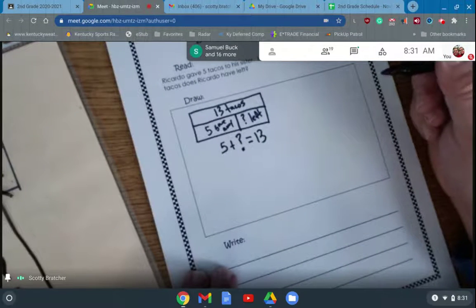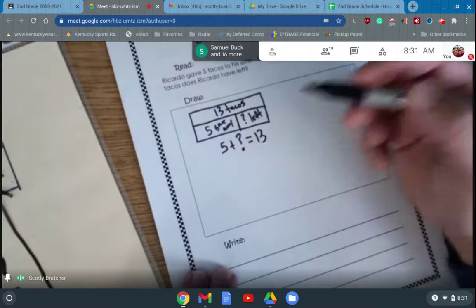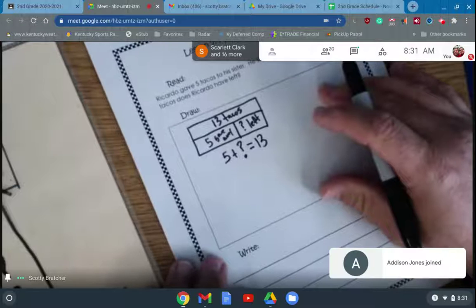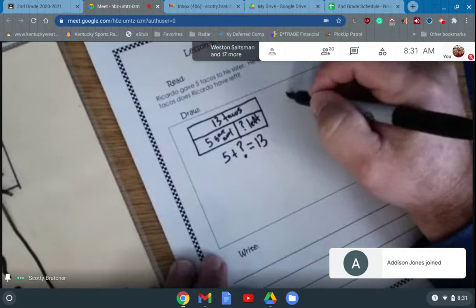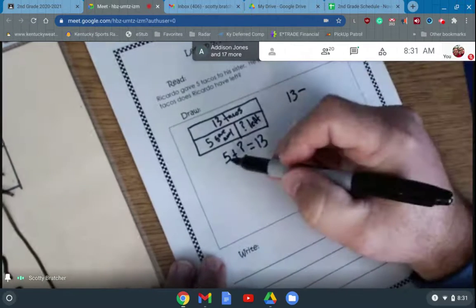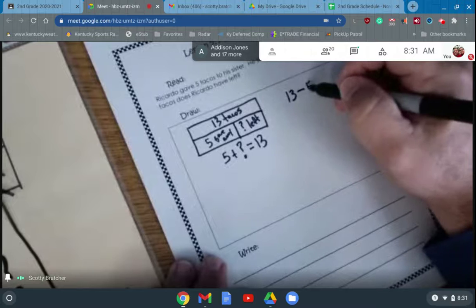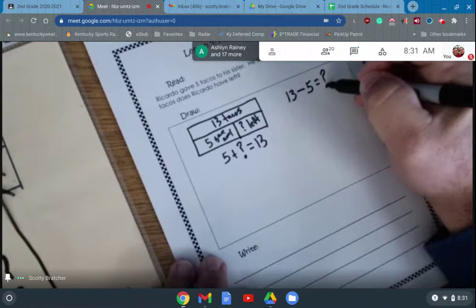Me and Scarlett together figured out it's a missing add-in problem. So I have to really subtract. So I'm going to come over here and rewrite it and say that it's 13 because that's my biggest number. I'm going to subtract the other number that I do know, and that'll eventually give me what I don't know.